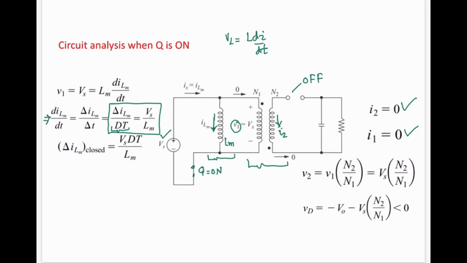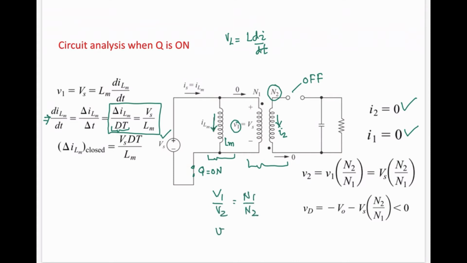Right? So now what is the voltage across the secondary winding? That depends upon the turn ratio. Let's suppose that the number of turns in the secondary is N2 and the number of turns in the primary is N1. So we can write that V1 by V2 should be equal to N1 by N2.